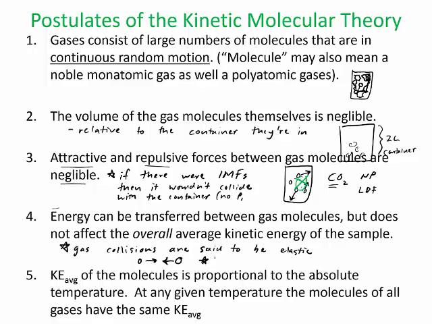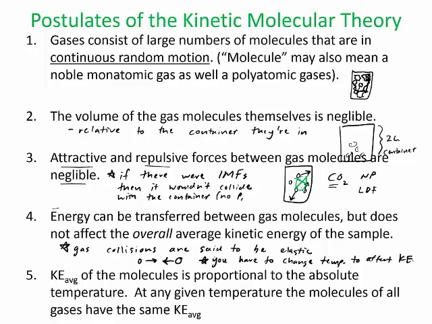So you have to change the temperature to affect the kinetic energy of a sample of gas molecules. Even if you change the gas molecule itself, so let's say you use a bigger gas molecule, you'd think that since it's bigger, it's going to move slower.